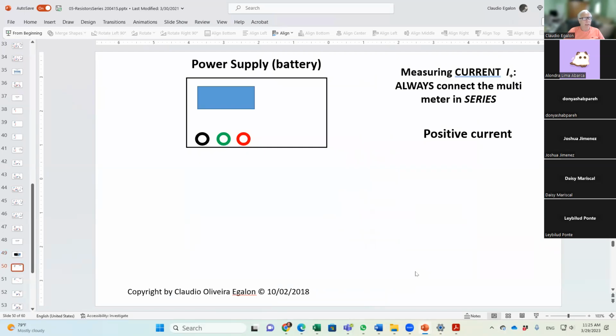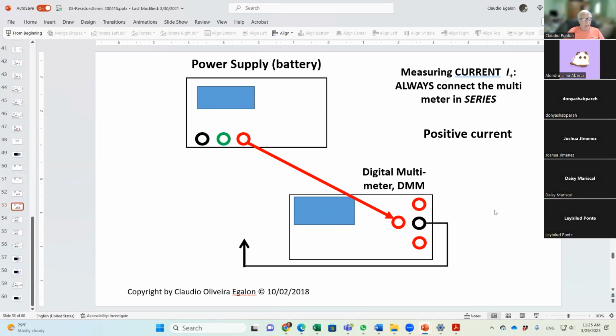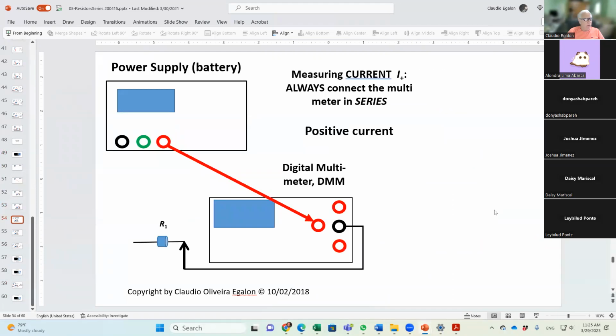Power supply, cable, and get your ammeter in series. Okay. And now there is a specific plug that measures only current. Okay, see that the ammeter is now in series. Connect to the resistor.